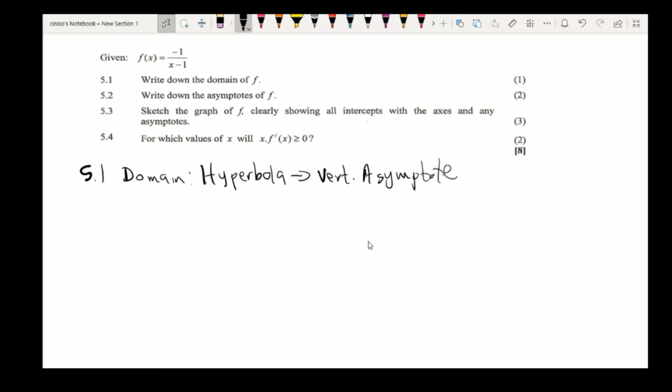So the vertical asymptote is x is equal to 1. So therefore the domain is given by x is an element of the real numbers, but x is not equal to 1.